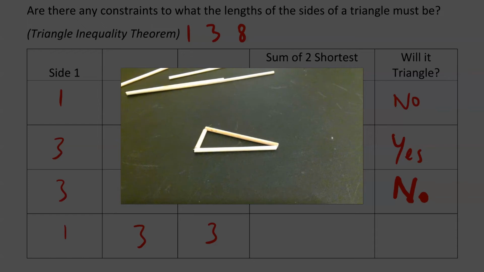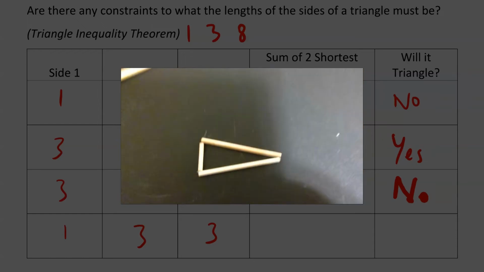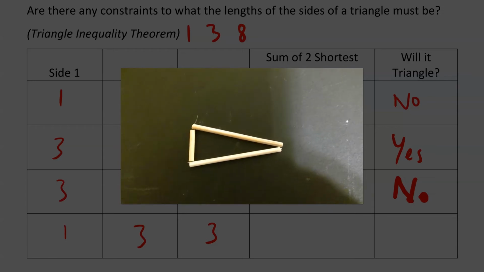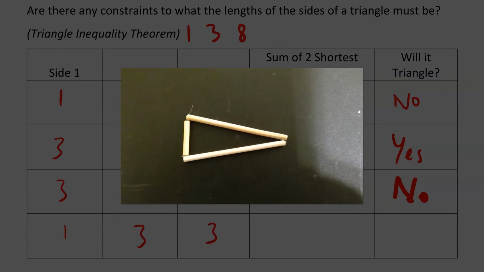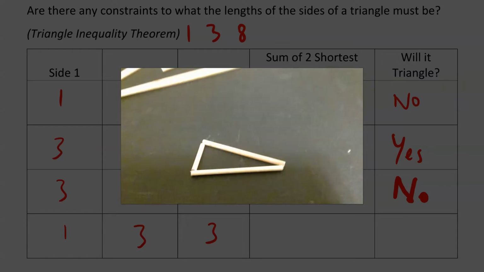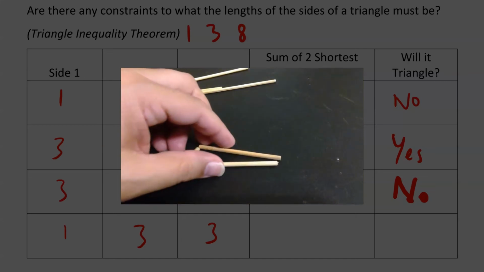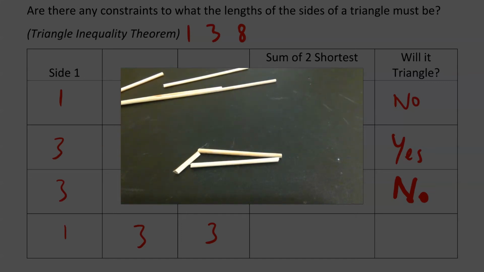And yep, sure enough, we were able to make a triangle out of the 1, 3, 3. Now, what kind of triangle is this? I have 2 sides that are 3s, so this is an isosceles triangle. And all 3 angles are acute, so this is an acute isosceles triangle. So it does, in fact, make a triangle.